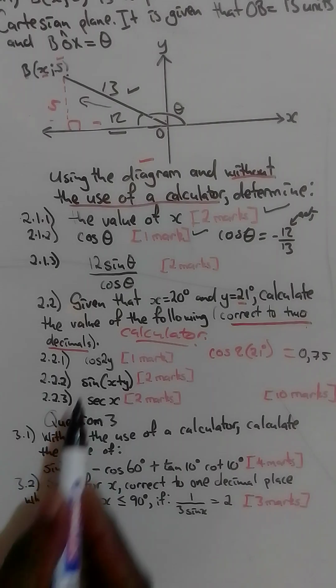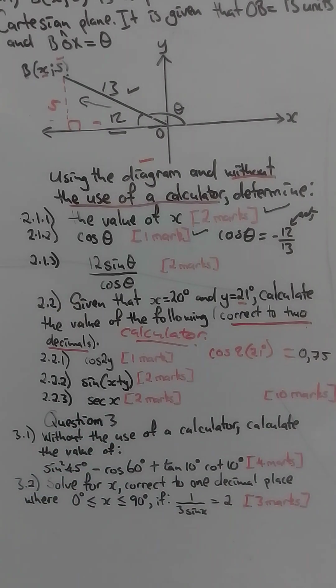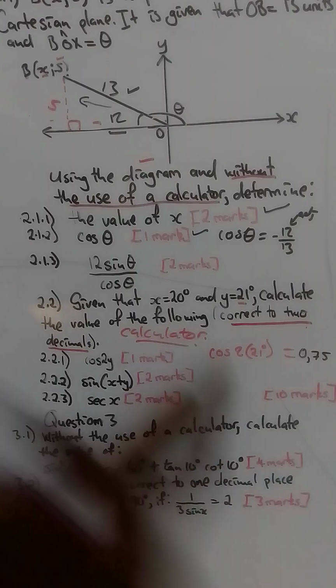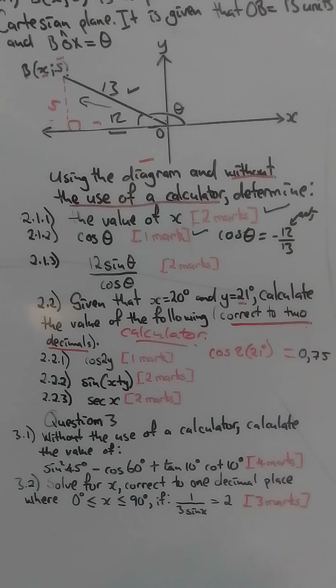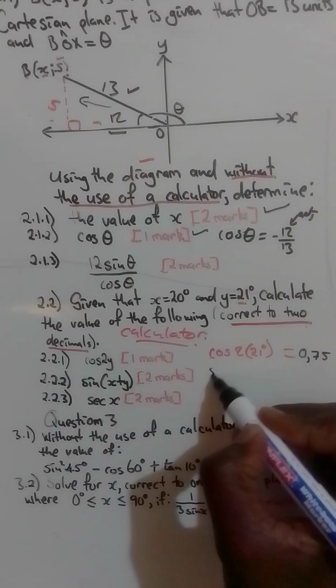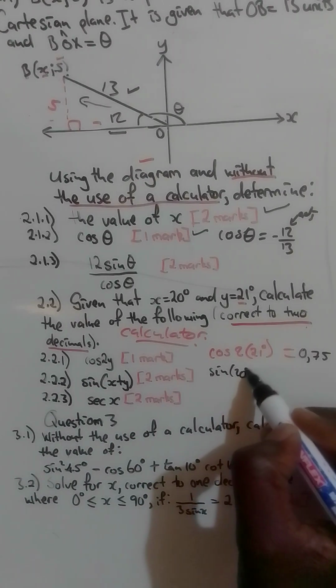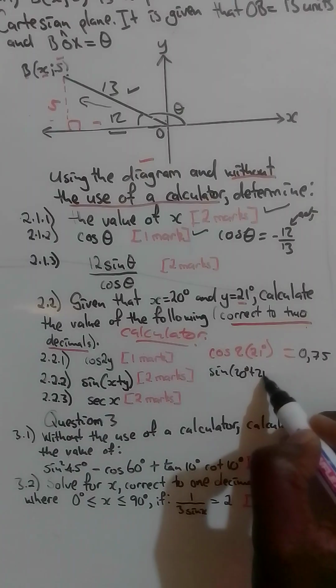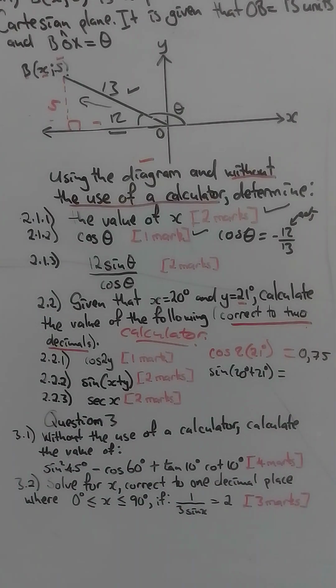Right? I'm done. Then on question 2.2.2, they say sin of x plus y, this contains 2 marks. So this entire section had 10 marks. So let me just erase this 10. So now I say sin, open bracket, my x is 20 plus my y is 21, which is equal to sin 41 degrees in other words.